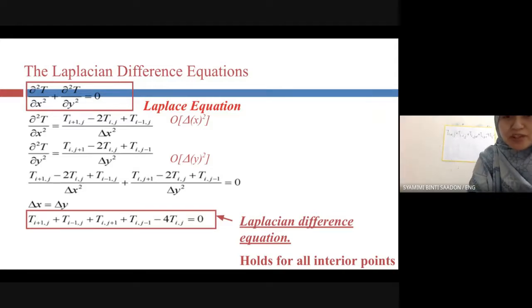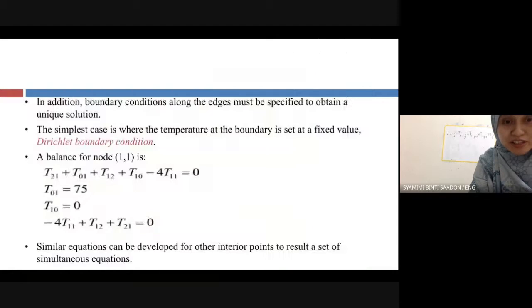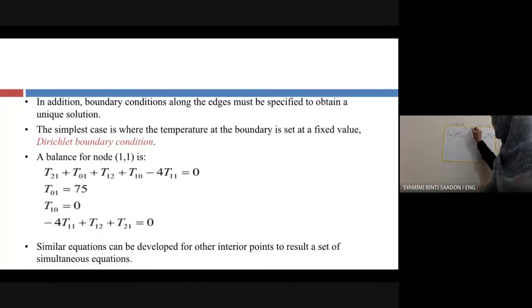So we are going to use this Laplacian difference equation for node 1,1. So i plus 1, so that's 2,1.